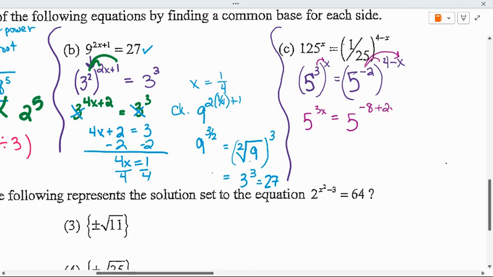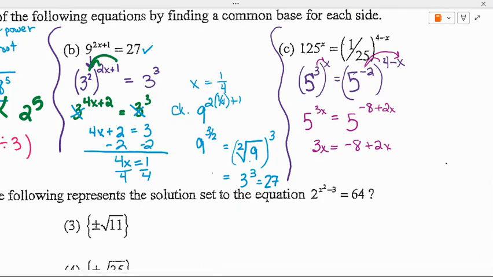Good job. All right, David, what do I get to do now? What kind of crazy thing happens now? Drop the base. Sounds like we could make a song about that, maybe. 3x equals -8 plus 2x.